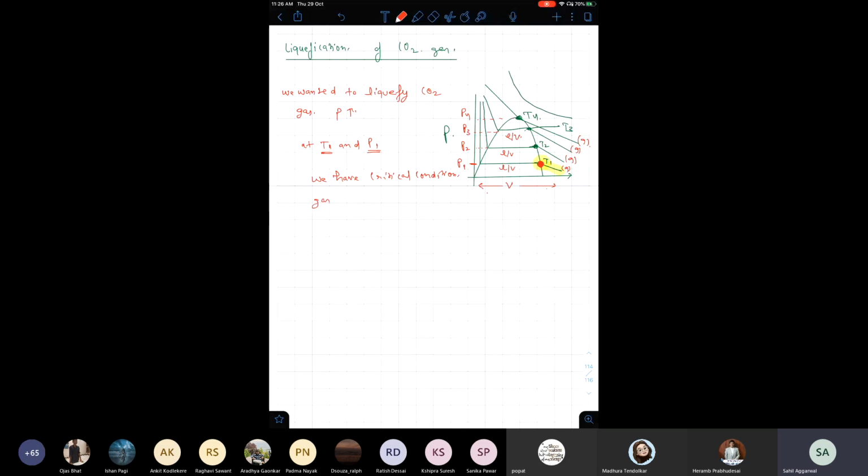Gas starts liquefying. गैस स्टार्ट्स लिक्विफाइंग, गैस का लिक्विफिकेशन स्टार्ट हो जाता है. Now whatever pressure you are applying has been used up for converting vapor to liquid, or gas to liquid. Understood?